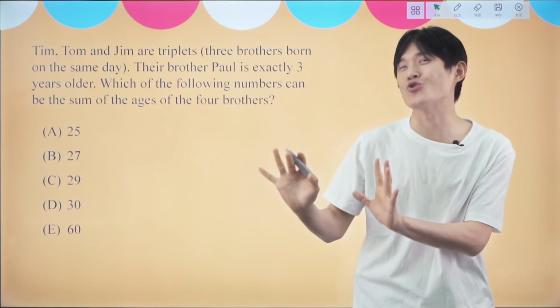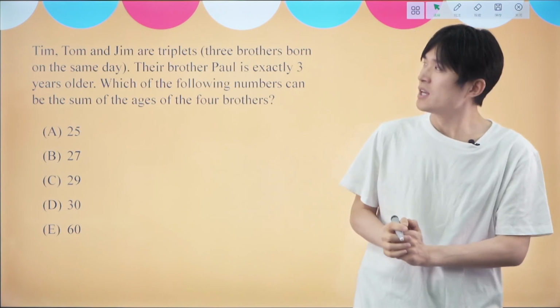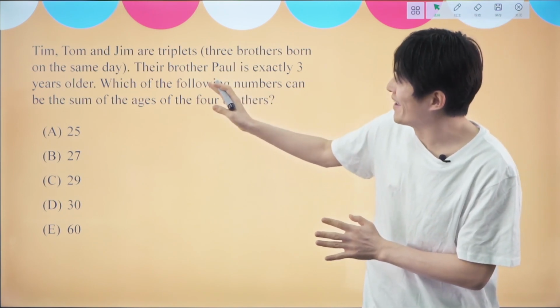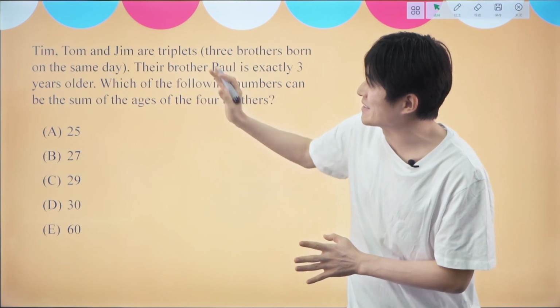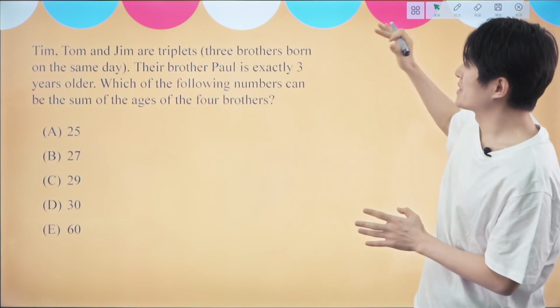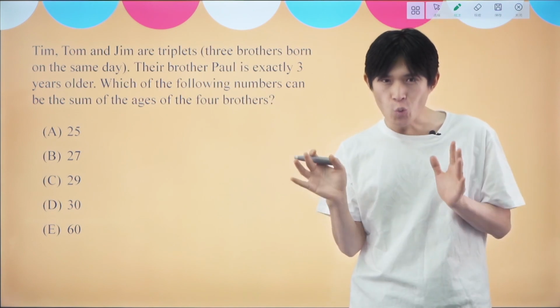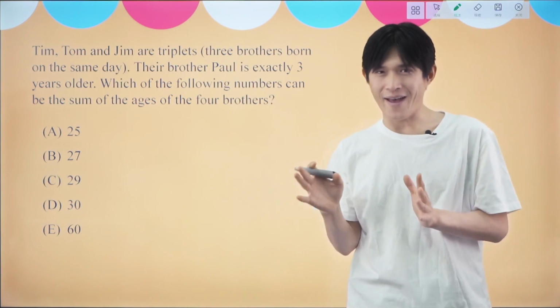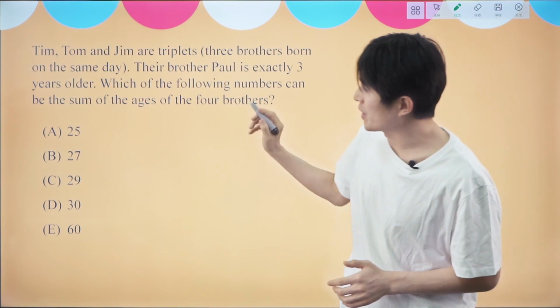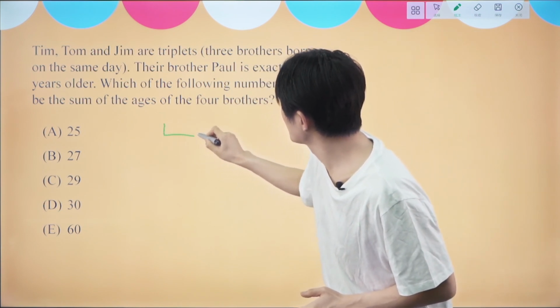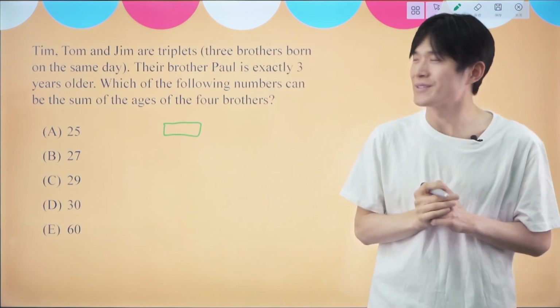We can actually draw a model. So we know that there are 3 boys with the same age. So Tim, Tom, Jim. We can use 1 unit to represent the age of Tim. We can draw it here. 1 unit.